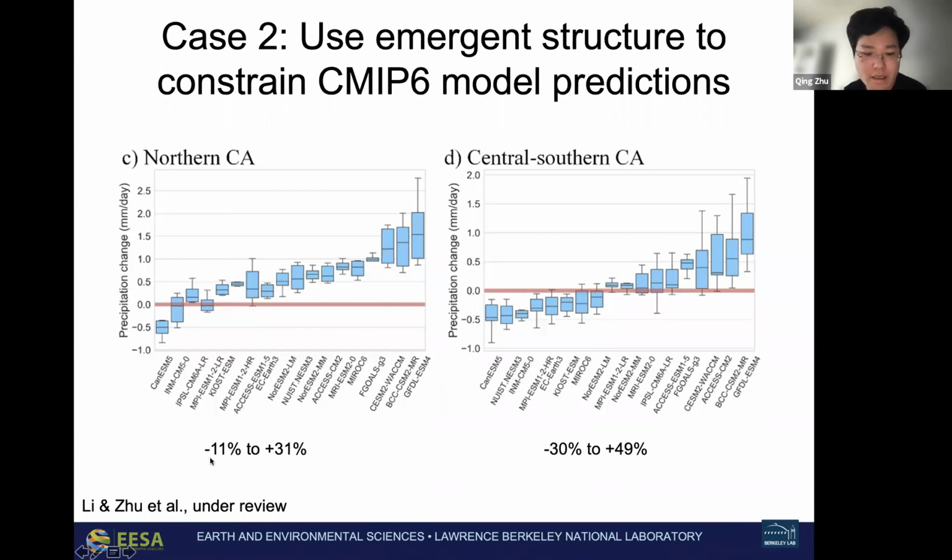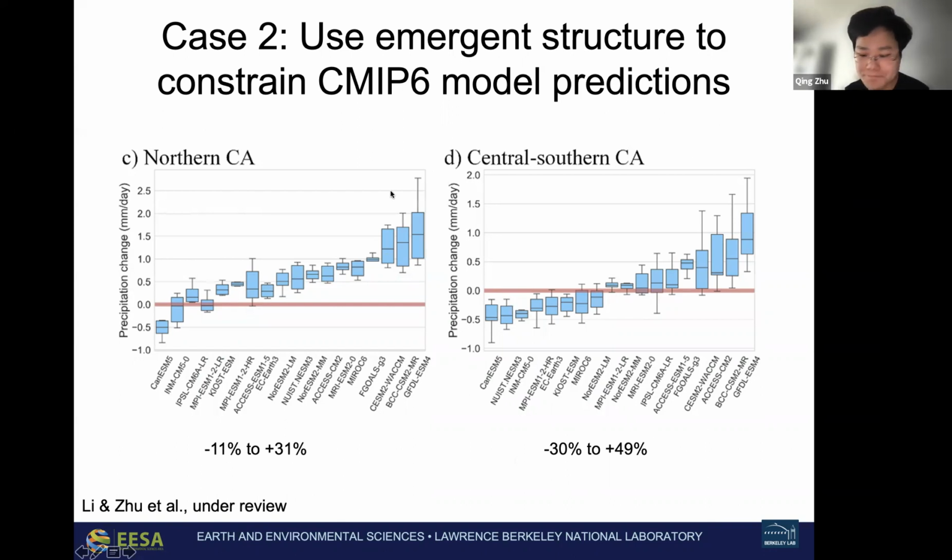And here we can see, this is just CMIP6 raw outputs. We can see a huge range of precipitation change from negative 30% to positive 49%. So that means that with that high range of precipitation change, it's totally useless for, for example, policy mitigation planning, because we don't even know the sign of the precipitation change.